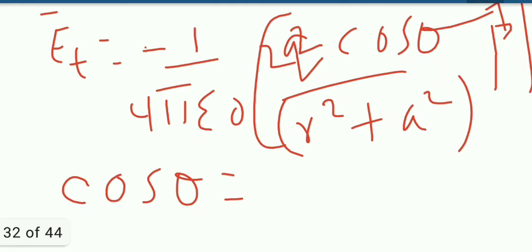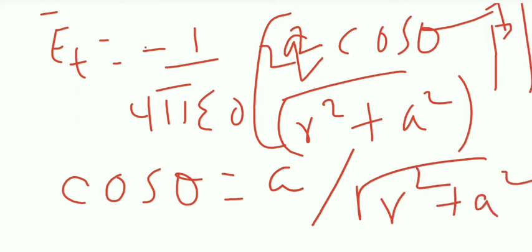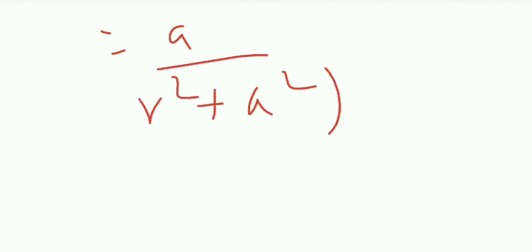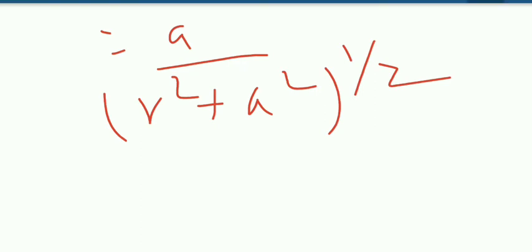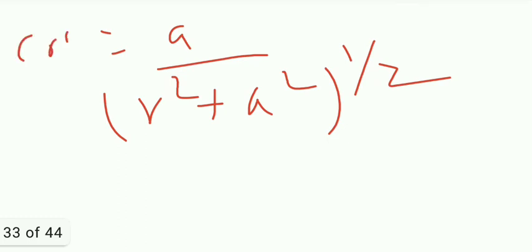Cos theta is given by A by root of R squared plus A squared, that is A by R squared plus A squared to the power half. Clear? So substitute this cos theta.